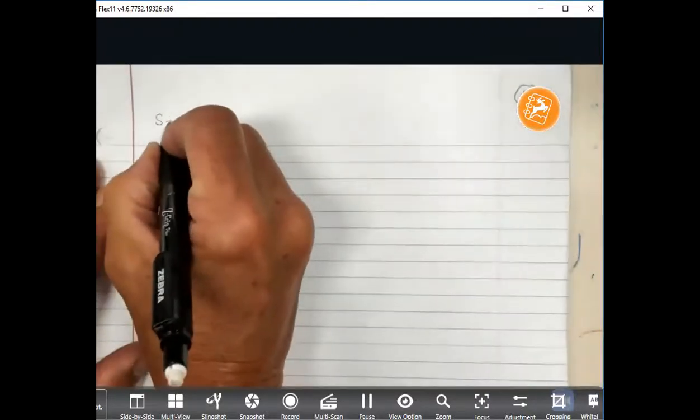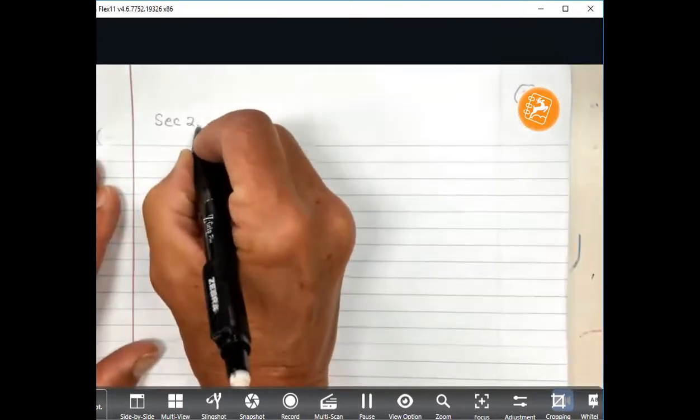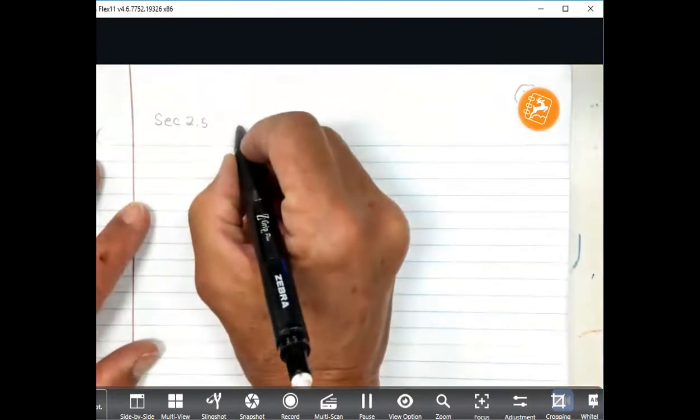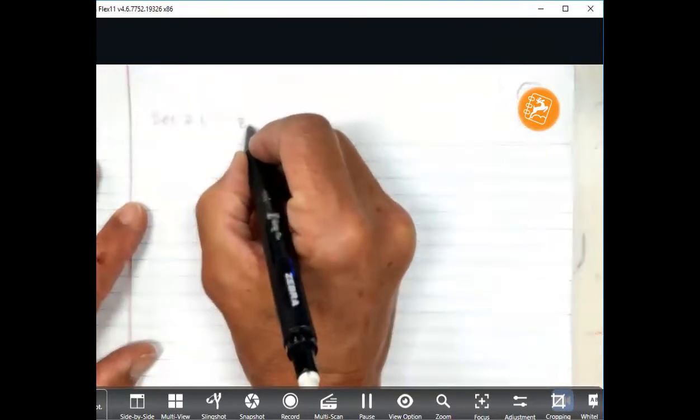So in chapter 2 still, in section 2.5, there is still right triangle trigonometry, but it deals with using bearings.